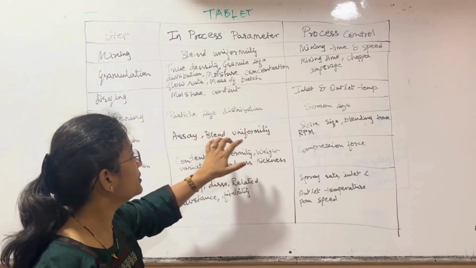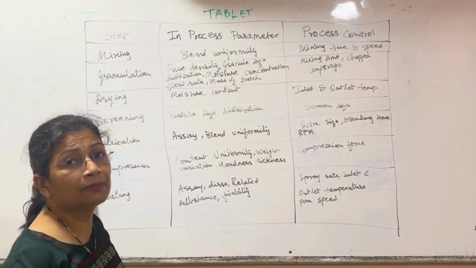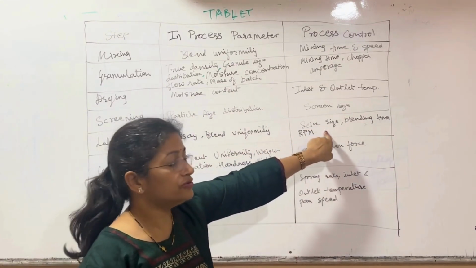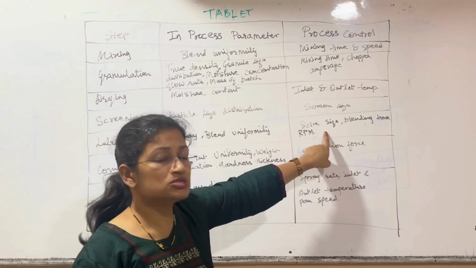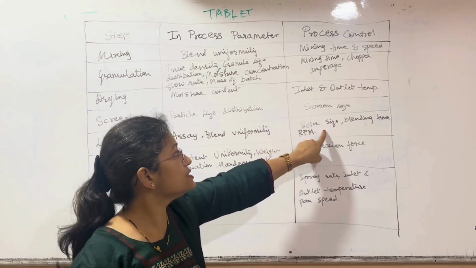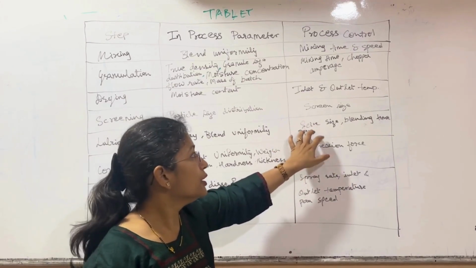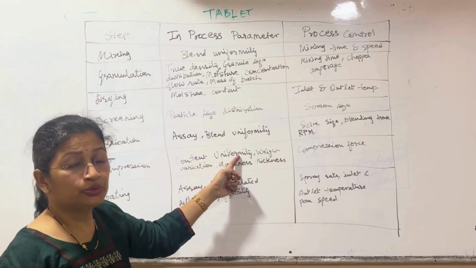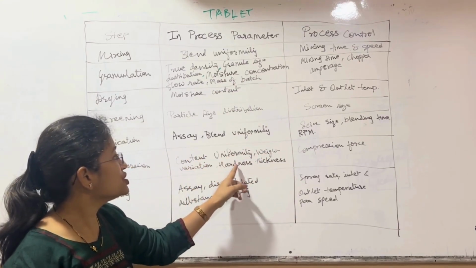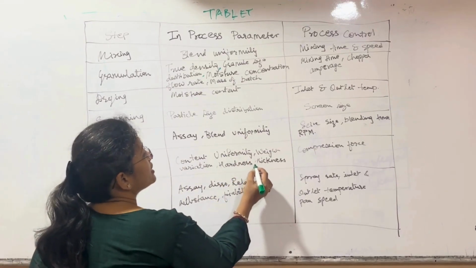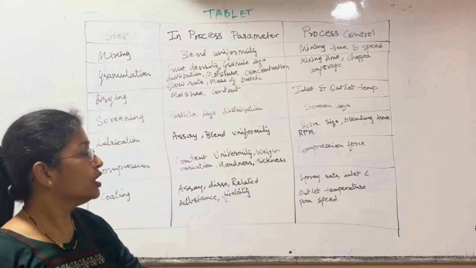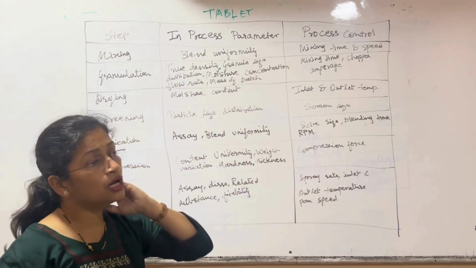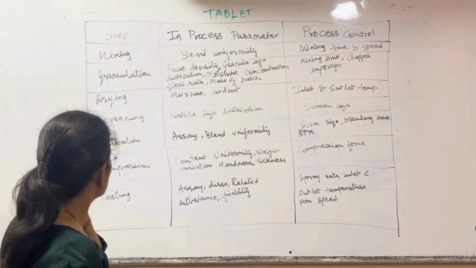So blend uniformity and assay are the parameters which we are going to check after lubrication is done, and the parameters or controls that determine it are sieve size, blending type, and rotation per minute. When it comes to compression, content uniformity, weight variation, hardness and thickness are something which we need to check, and the compression force is a process parameter for it.